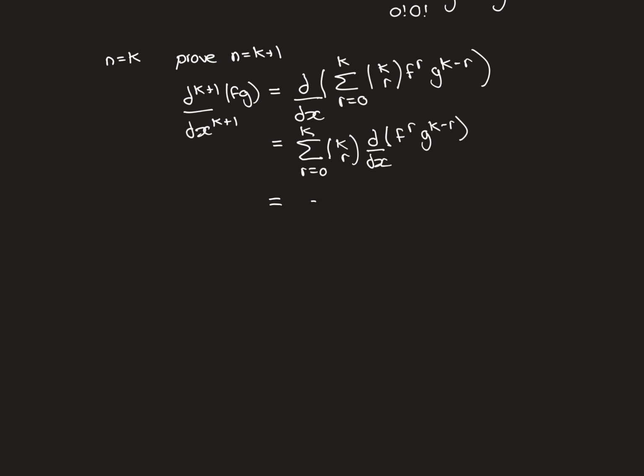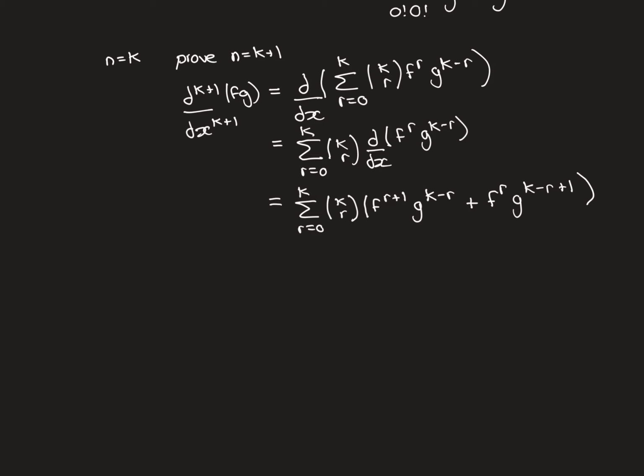So this is going to become the sum from r is equal to 0 to k of k choose r, and then the derivative of that is going to be f differentiated r plus 1 times, so we've differentiated the first thing, and then it's going to be g differentiated k minus r times, so we haven't differentiated g at all, and then plus the other option, which is to differentiate the g another time, so we'll have f differentiated r times, and then g differentiated k minus r plus 1 times.